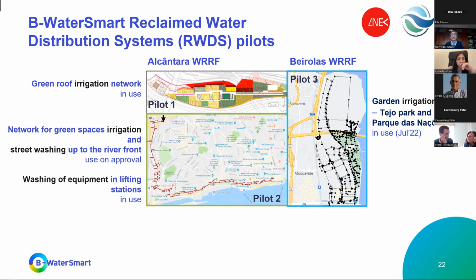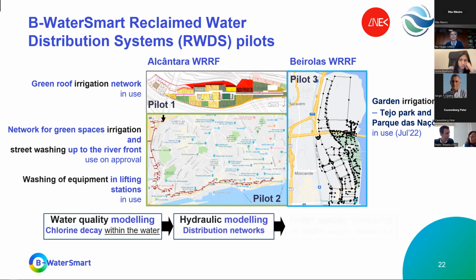We have a third pilot from Beirolas wastewater treatment plant, or water resource recovery facility, that serves for garden irrigation in the Parque das Nações Norte, which is the north area of Lisbon, in use since July 22, in the middle of our experiments.